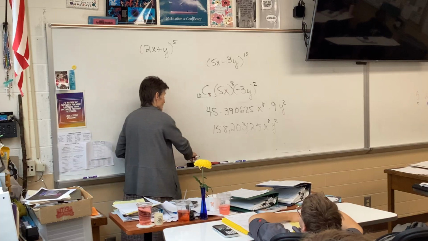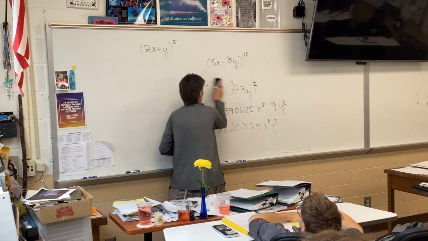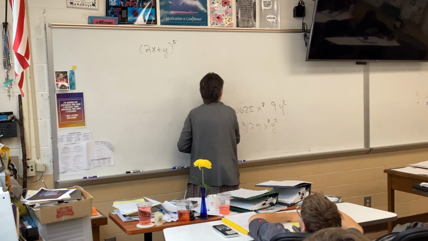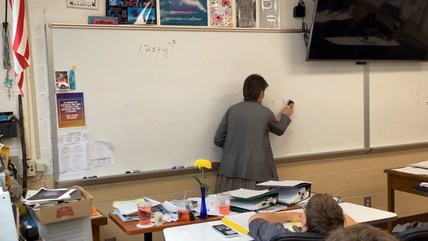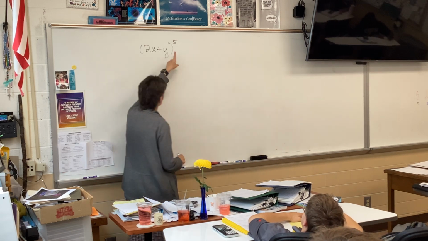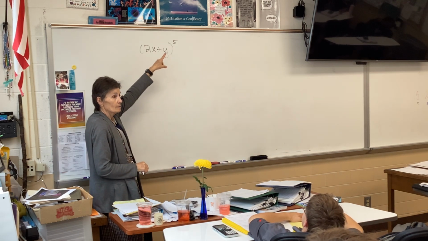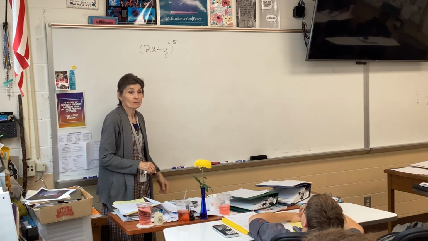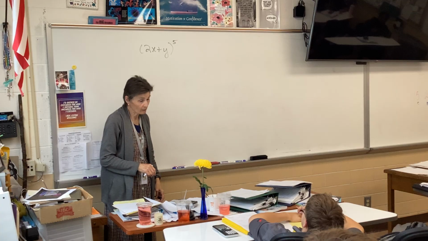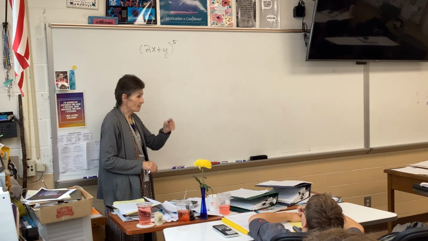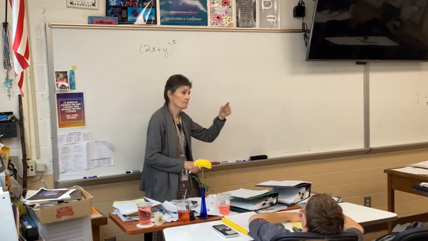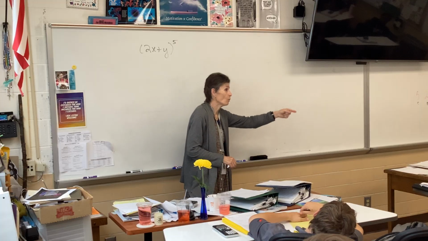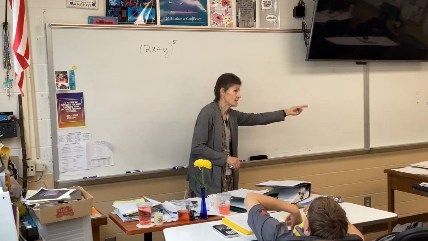So we're going to start with those coefficients. The coefficients come from either the fifth row of Pascal's triangle, or 5C5, 5C4, 5C3, and so on, all the way down to 5C0.